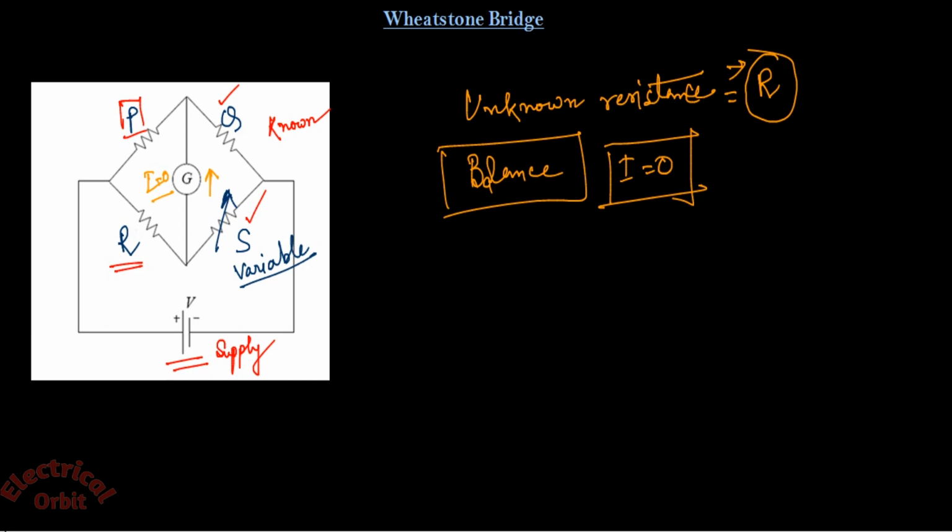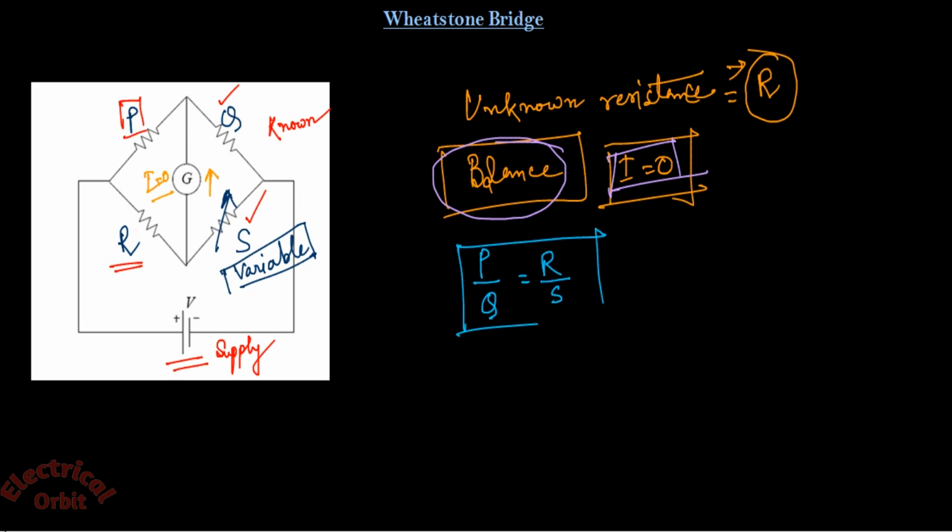That means, like using a pot, you can vary the value of the resistance S in order to balance the bridge or make the galvanometer current I equal to 0. If the bridge is balanced, then the condition comes, that is P by Q equal to R by S. From here we can determine the value of R, that is P by Q into S.